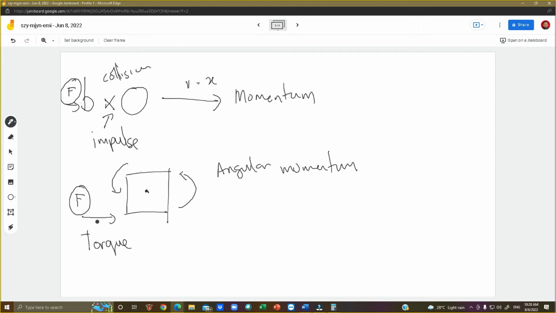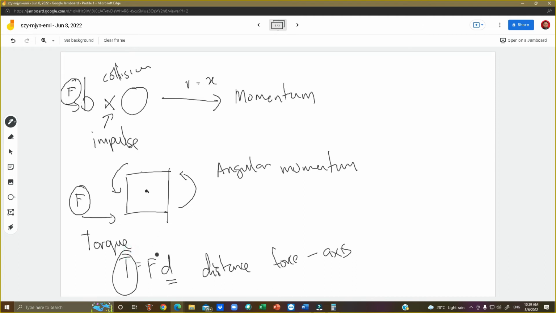Alright, so why is it torque? Because a force that causes rotational movement is known as torque. It can be T equals F D. This D is actually the distance between the force and the axis. You need to understand that first.